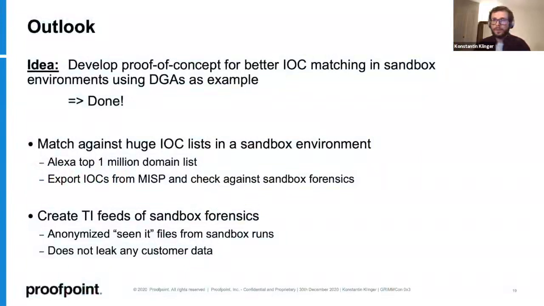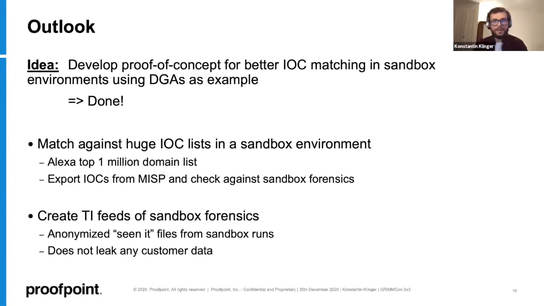Let's talk about what we can do besides working on our limitations. The initial idea was that we have a proof of concept for better IOC matching in sandbox environments, and we use the DGA as an example. Of course, we could expand that to other examples. We could match, for example, against the Alexa top 1 million domain list and create a function in the sandbox, named Alexa top 1 million, and then quickly check every domain if it's in the top 1 million list.